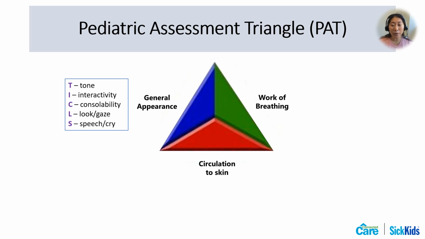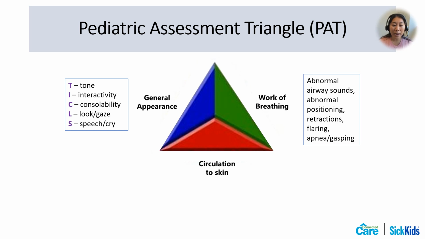Now let's talk about work of breathing. When assessing their work of breathing, you can assess their breathing pattern, rate, as well as any audible sounds you may hear. Remember to always compare this to the child's baseline. Do you notice anything about the pattern of breathing, how the chest is rising, or are their breaths deep or shallow?